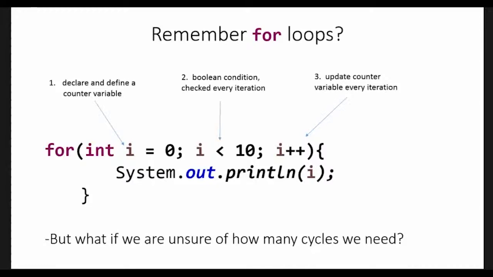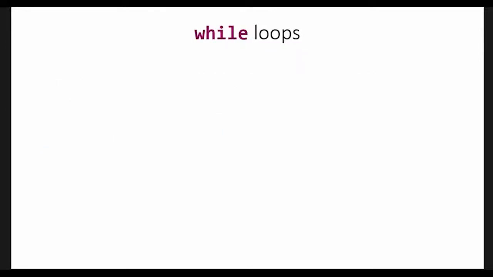So this is something that we can't really do with for loops, because all we can do is set an initial condition and an update condition, and then wait for those things to happen, and then the for loop is over. So we need a new tool. And this new tool is going to be while loops.